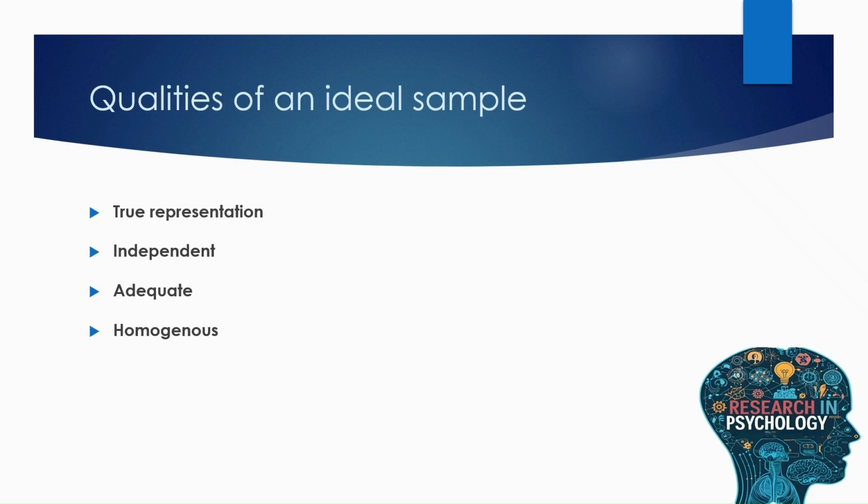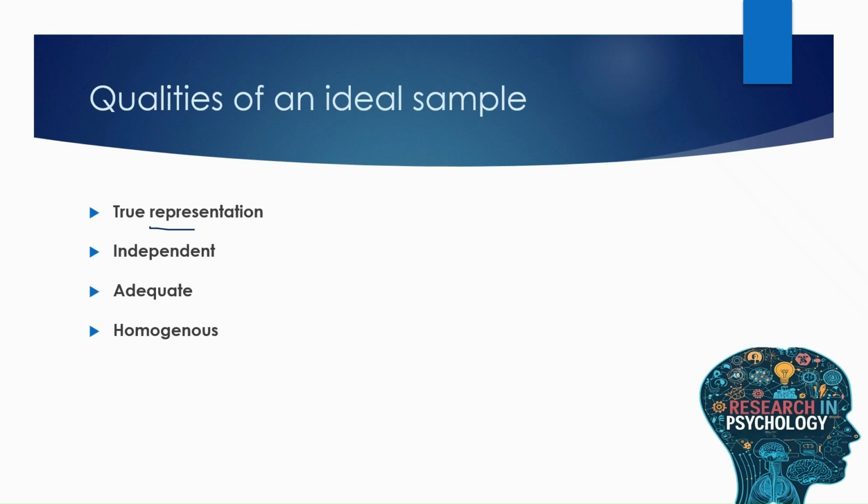So first of all, it will be a true representation, which means the sample would represent the whole population truly. Whatever outcome or result or inference you get from the sample will be a true generalization of the whole population.